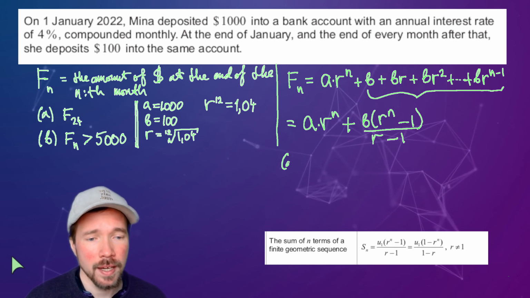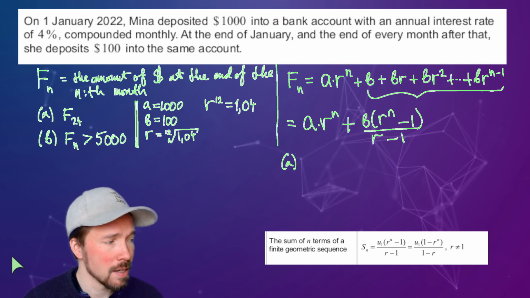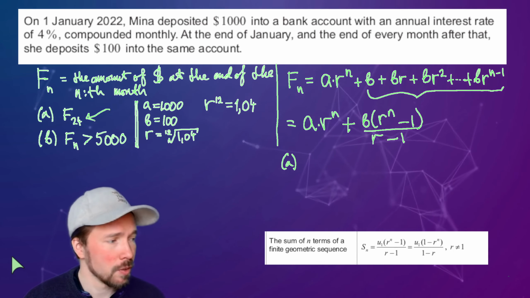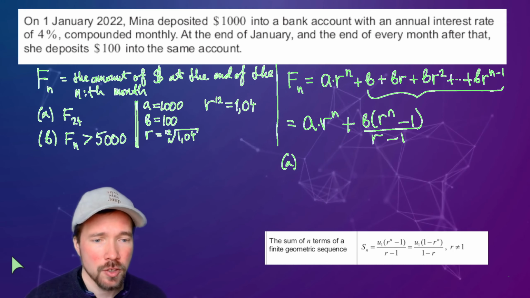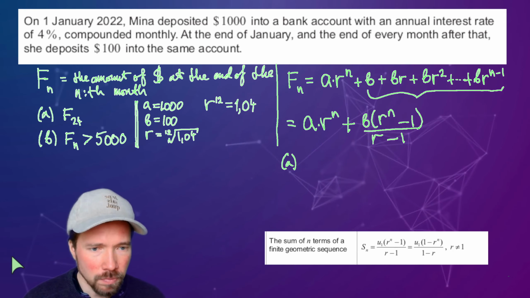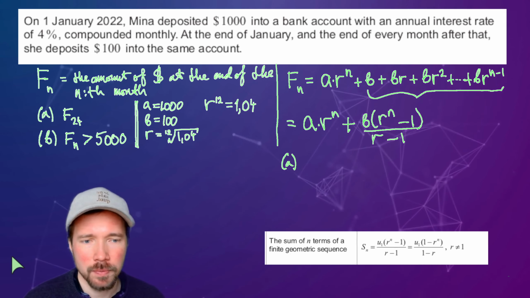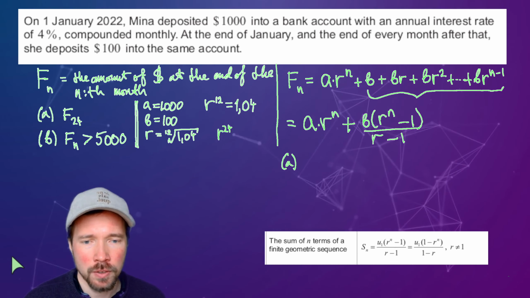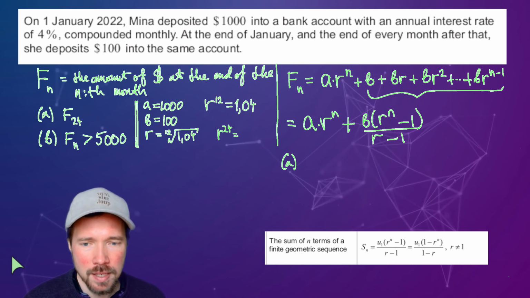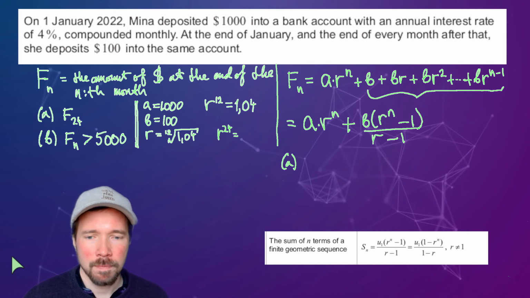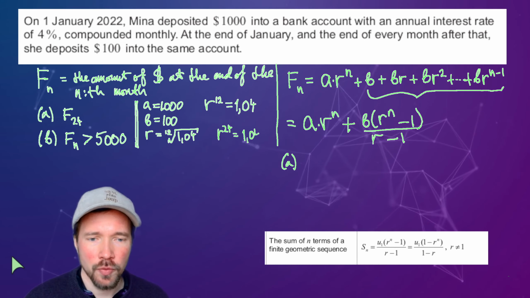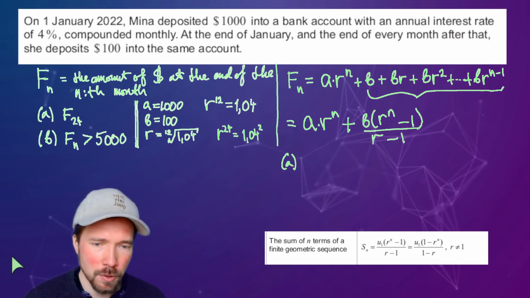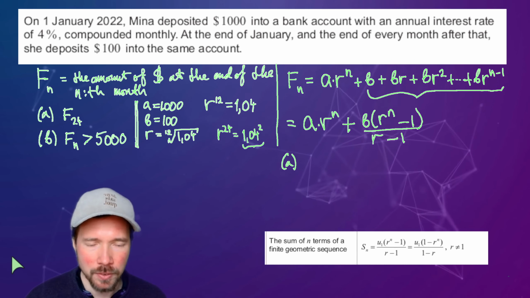So for part A of the exercise, we needed to substitute 24 in place of n. Let's first make the realization that r to the power 24 is the same as just 1.04 to the power 2, because obviously it's 2 years, so it's compounding this yearly rate 2 times.